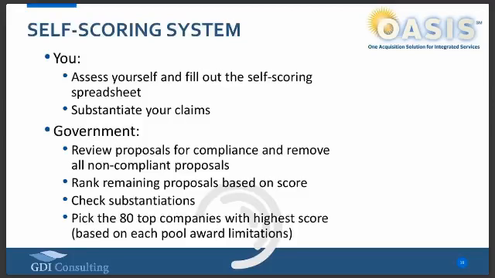In other words, you provide documentation to show that the way that you have given yourself those scores is justifiable, is correct. That's what you do, and then you send your proposal. It seems easy, but it's not that easy.